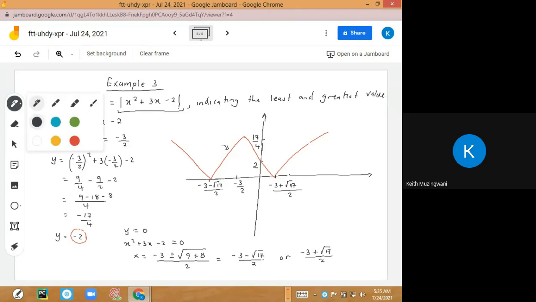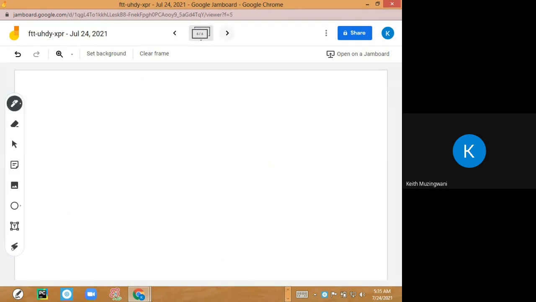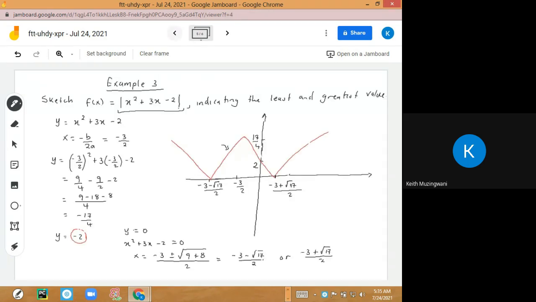So we do example 4. Here we are also asked to indicate the least and greatest value. So the least value, as you can see here, is f of x is equal to 0.